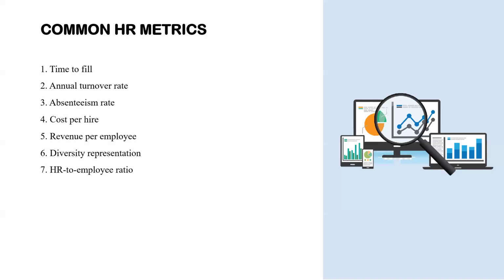And this thing here, I think over the periods, they've been doing assignment of this. I can show you some of the work your colleagues did. What they do is, I have just 10 HR metrics over here: time to fill, annual turnover rate, absenteeism rate, all of these things.